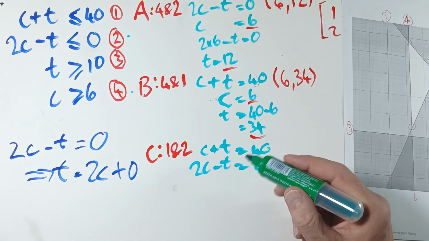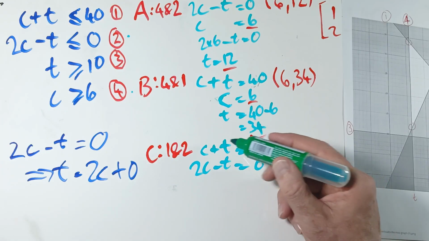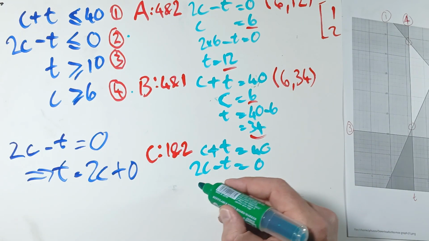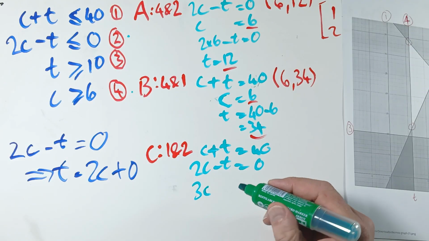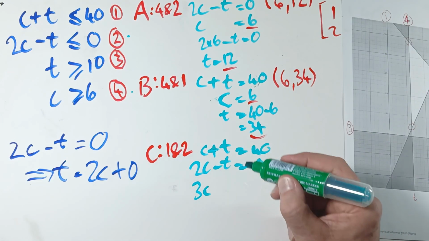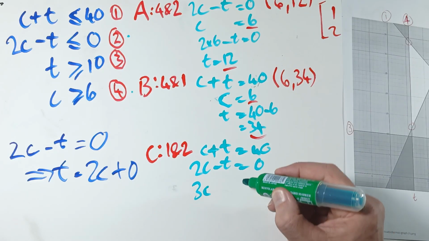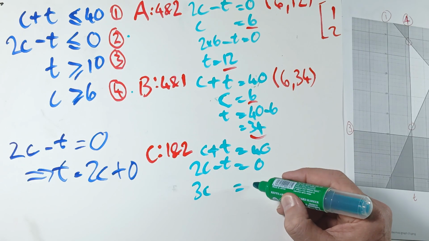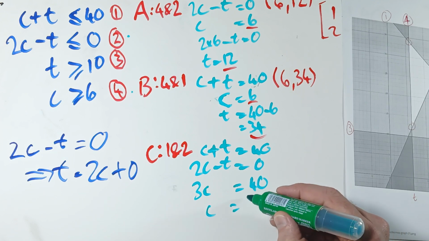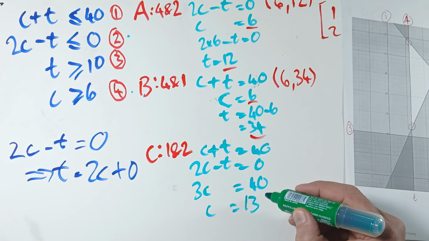This is a straightforward elimination. We can add the equations together and the two t's will cancel each other out. So we're going to get c plus 2c is 3c, plus t minus t is nothing, 40 plus 0 is 40. And therefore c is equal to 13 and a third, sorry.